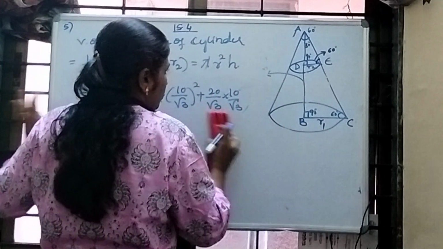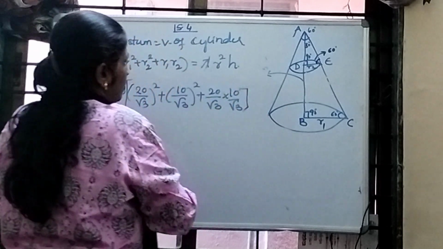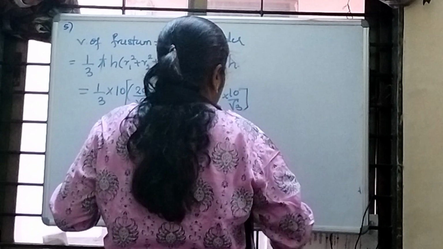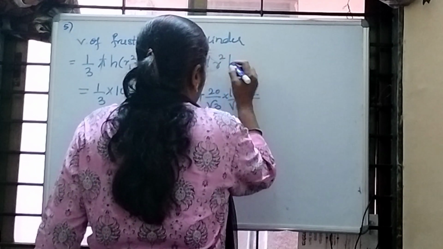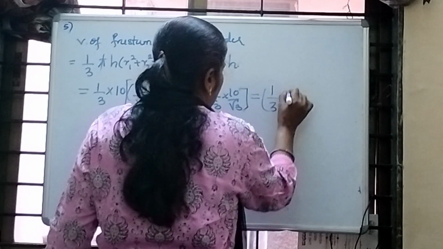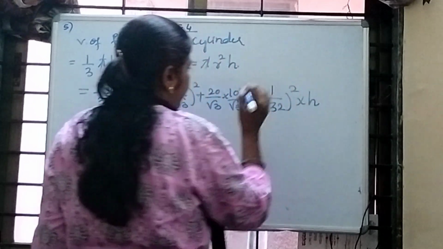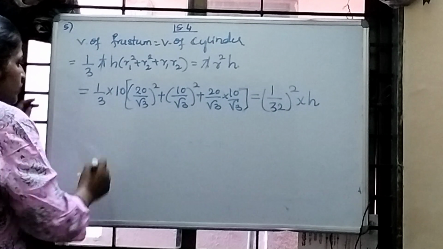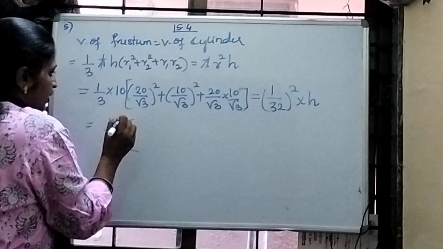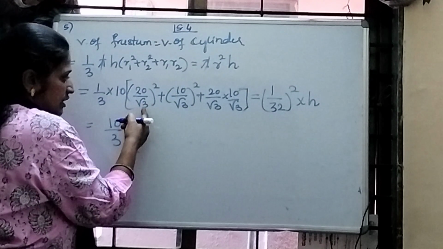On this side we need to find the height, but we know the radius, that is 1 by 32 whole square into height. See here children, this is 10 by 3 we write. Here root and square get cancelled for 3.